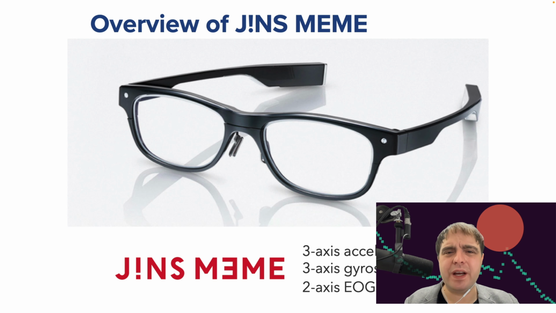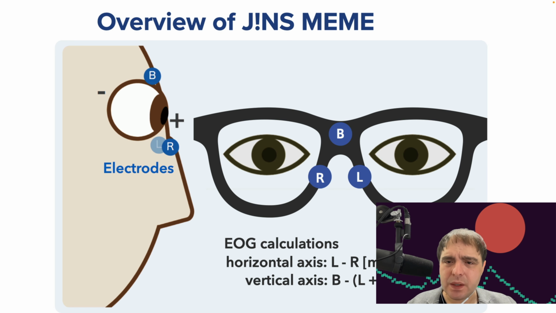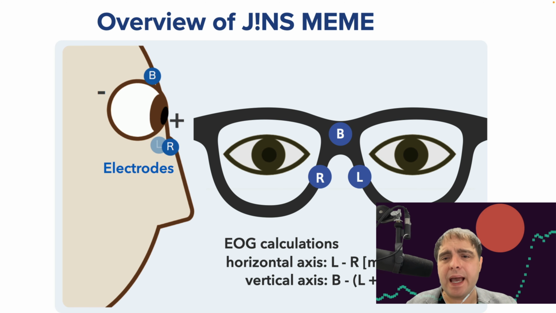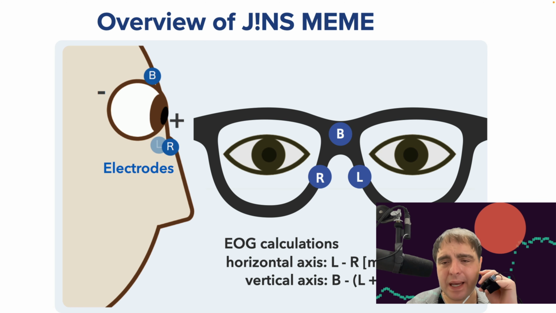How does this work and why does this work? This is related to your eye being a dipole. It has a positive charge in front and it has a negative charge in the back.